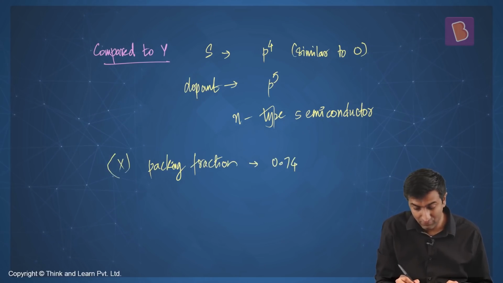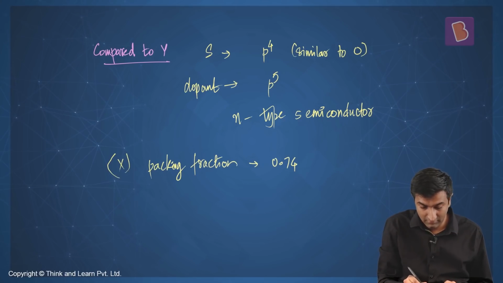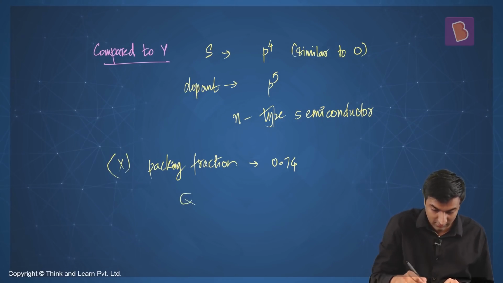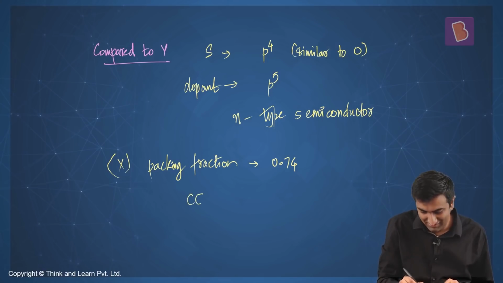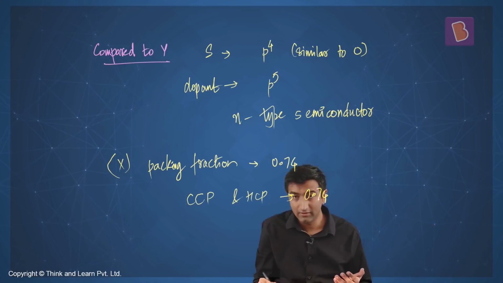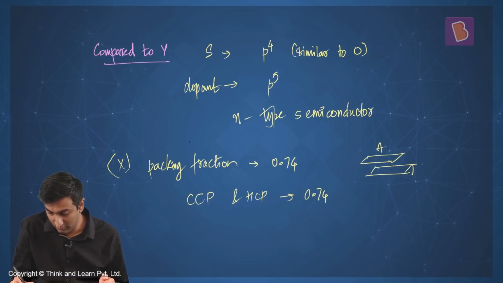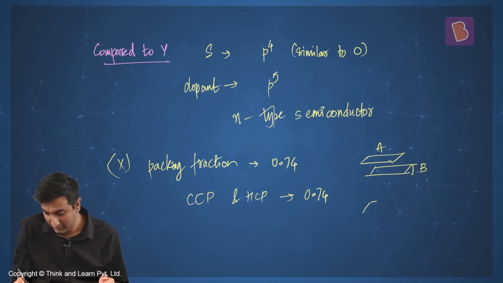Now, this doesn't help you much unless you just know the theory. Because here's the thing. Both CCP and HCP have a packing fraction of 0.74. Why is that? Because they're both close packing. What's close packing? Remember the whole idea of A, B, and ABC layers?